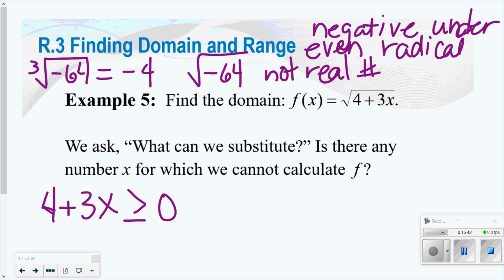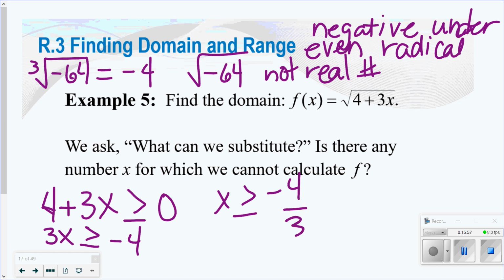So as long as I keep it bigger than 0, I'm fine. So let's subtract 4 from each side. So we get 3x has to be greater than or equal to negative 4, which means x has to be greater than or equal to negative 4 divided by 3. That is your domain, every number bigger than negative 4/3.